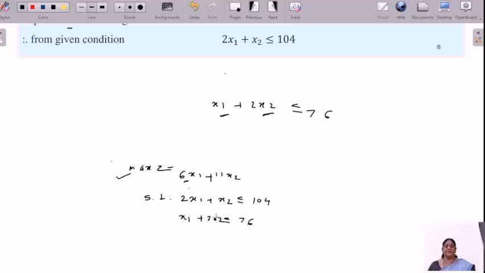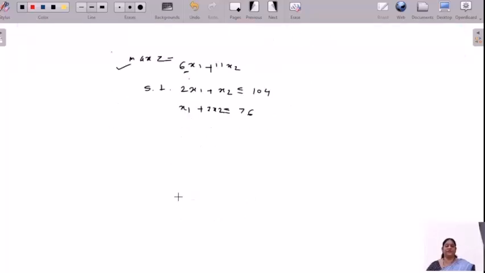Suppose we want to convert the given LPP into standard form. Then it becomes maximize Z equals 6x1 plus 11x2. Here all variables are non-negative.